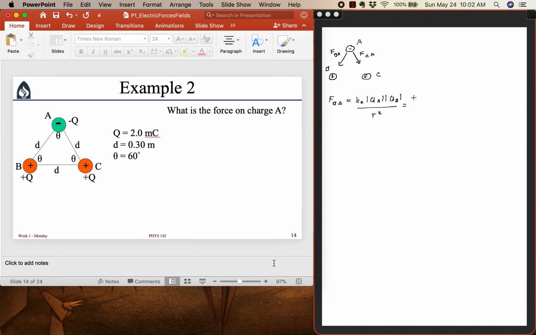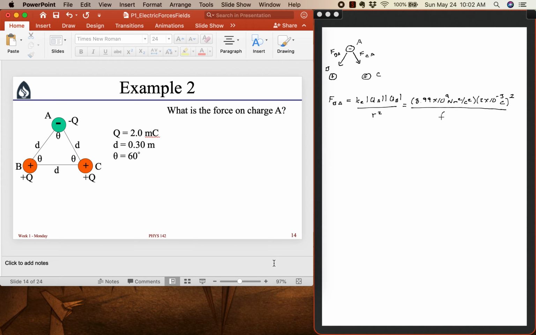So if we put numbers in there, the Coulomb's constant is 8.99 times 10 to the 9 newton meters squared over coulomb squared. The amount of charge A is 2 millicoulombs, so that's going to be 2 times 10 to the minus third coulombs. And the amount of charge B is also 2 times 10 to the minus third coulombs, so I'll just square that.